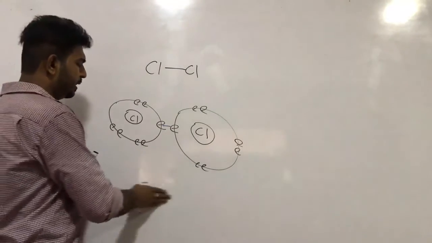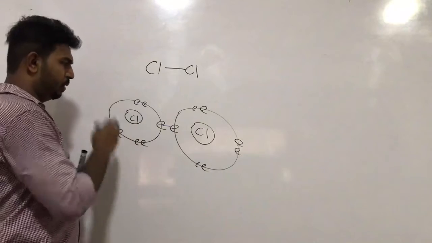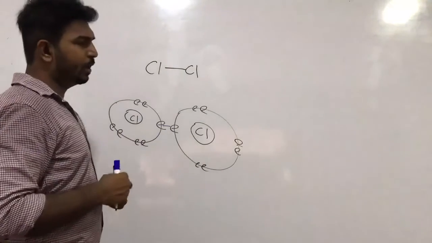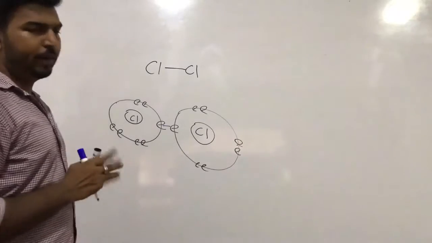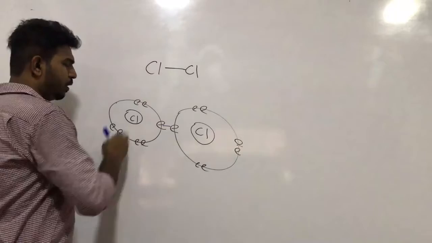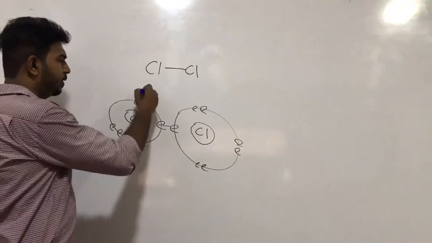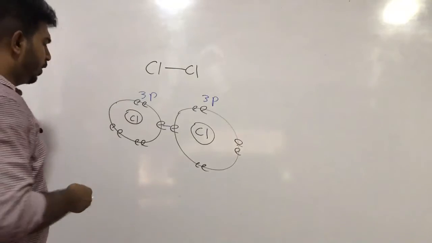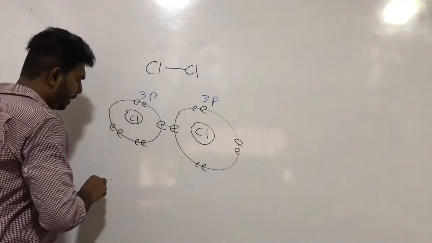So if we consider this chemical bond, we can consider the overlapping of this one. Now we know that the electrons are in the 3p orbital. This also has a 3p orbital. So we have to consider the p orbital.